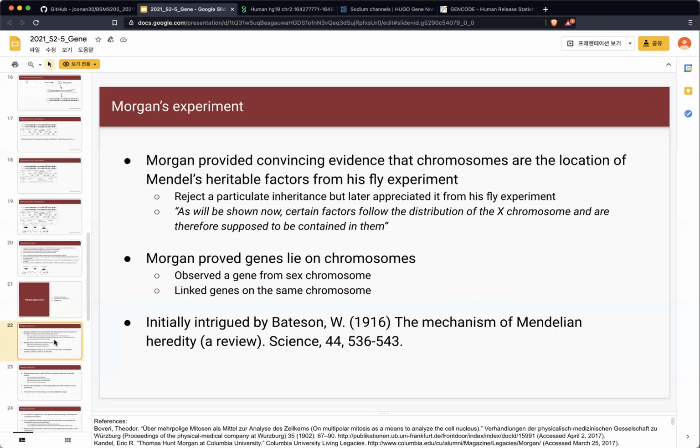And one interesting part is that Morgan actually rejected Mendel's idea because he had been trained in the context of blending inheritance. He was definitely on the side of blending inheritance at the time, and he strongly believed in gradualism in evolution.